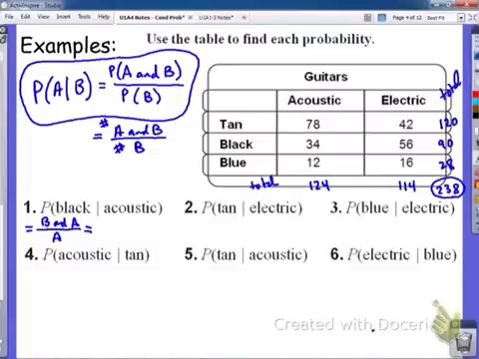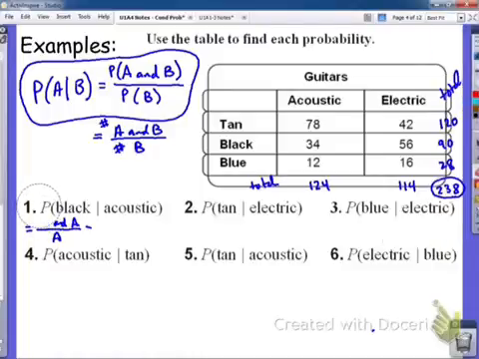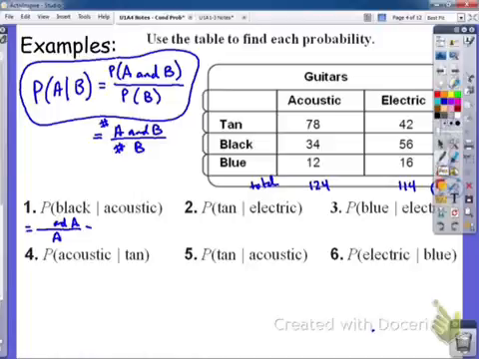How many? Well, that's black, right? Let's see. Black. Oh man. How do I separate black from blue? BK. How about that?